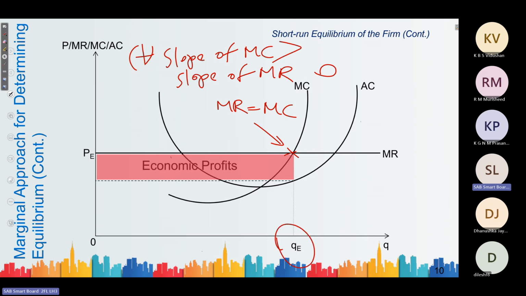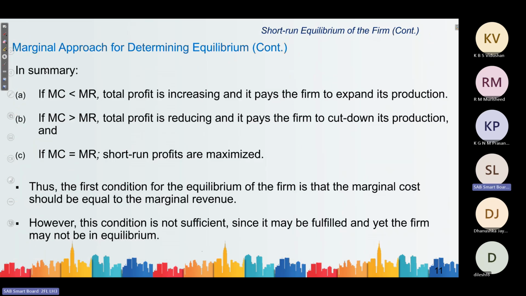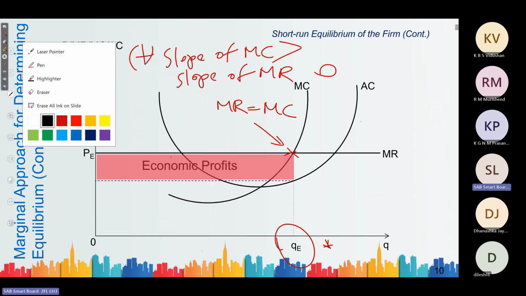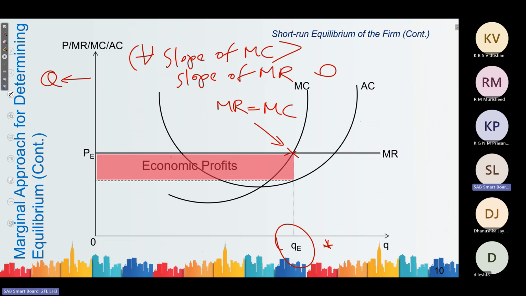Therefore, we can call it the profit maximizing output level Q star. We can use simple Q here because this is about a single firm. We can use capital Q to show market quantity and simple Q to show quantity of firms. It's up to you.